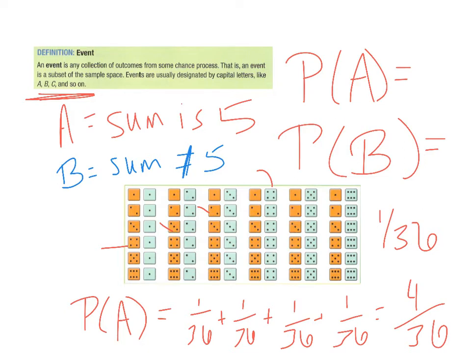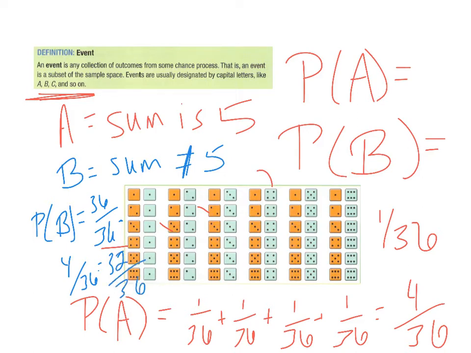And so I can find the probability of event B being all of them, 36 out of 36, minus 4 out of 36, all of my possibilities minus the 4 that add up to 5. And so the probability of them not equaling 5 would be 32 out of 36.